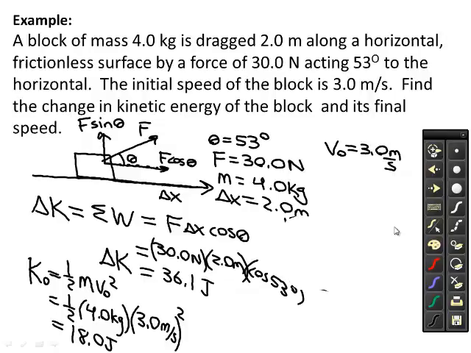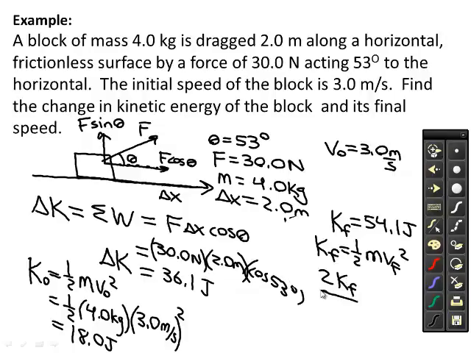So the final kinetic energy is 54.1 joules. Final kinetic energy is 1/2 m v final squared. What we're really after is the final velocity. So we'll say 2 times final kinetic energy divided by the mass, take the square root, and that should give us the final velocity.